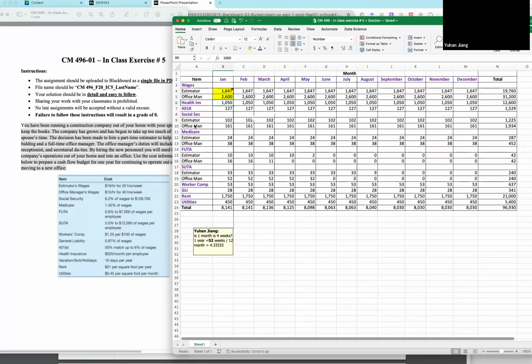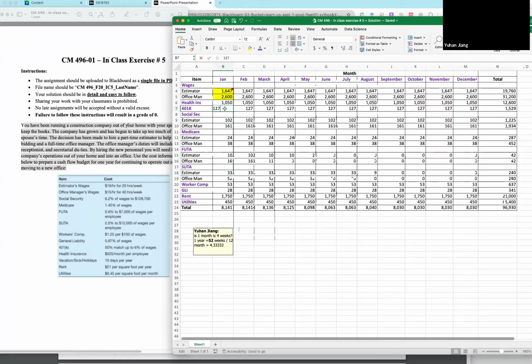And the health insurance we're looking for here is 525 per employee. So you have 2 employees, so it will be 2 employees times 525. And the 401k will be a 15% match of 6% of your salaries.